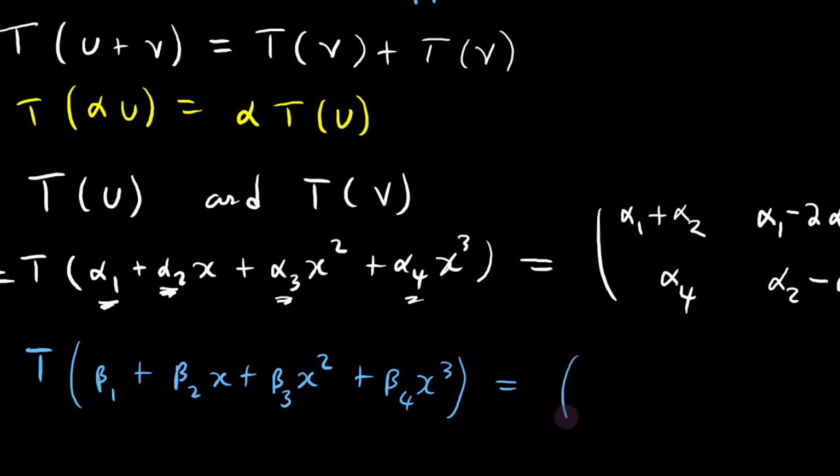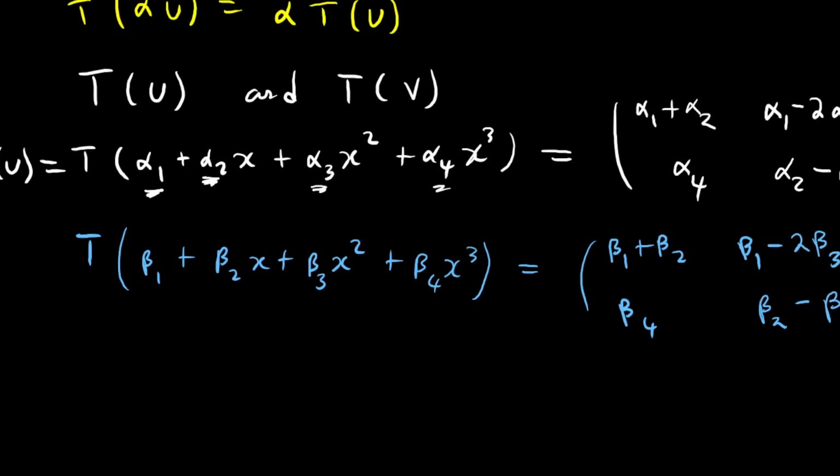When we transform, we're going to have beta 1 plus beta 2, then beta 1 minus 2 beta 3, beta 4. Then here we're going to have beta 2 minus beta 4. So these will be your transformations.